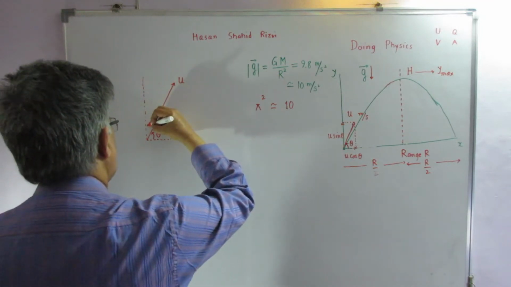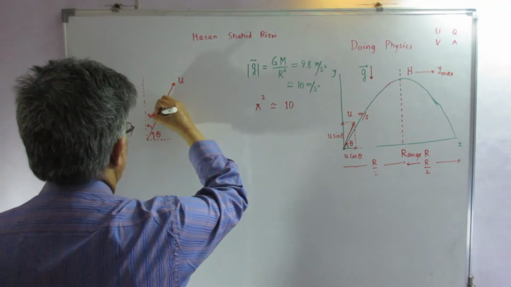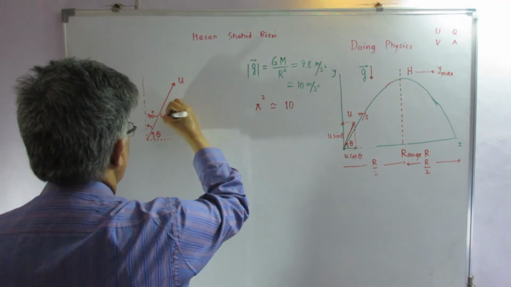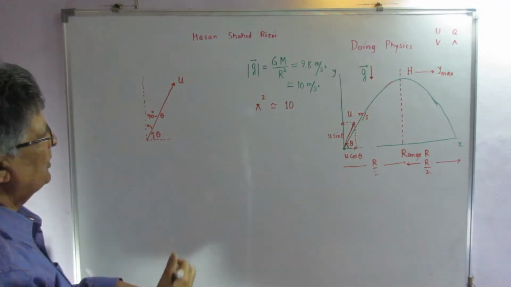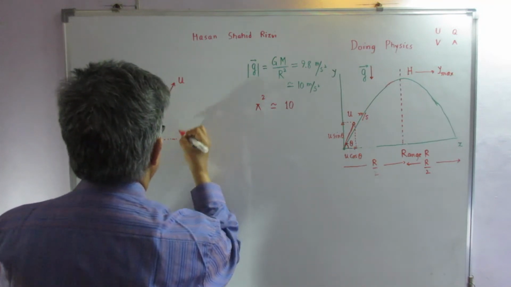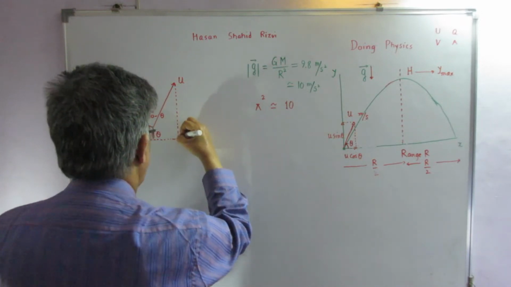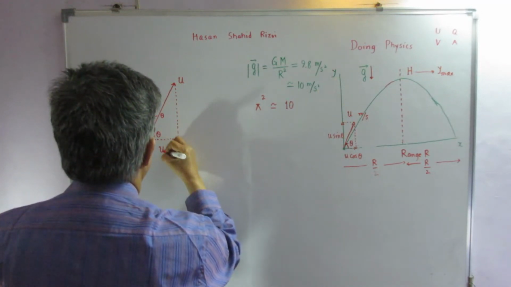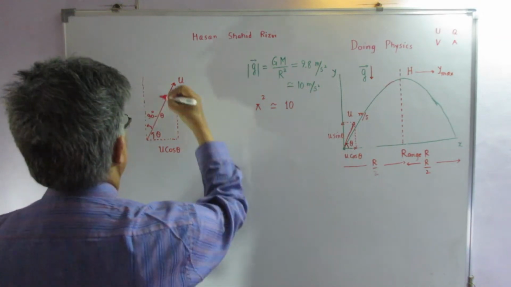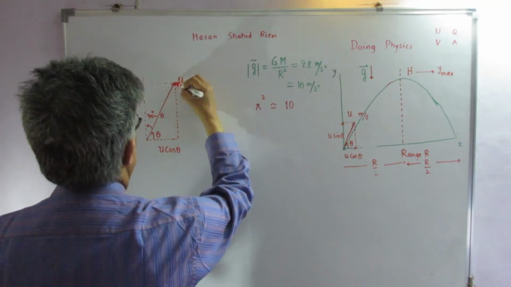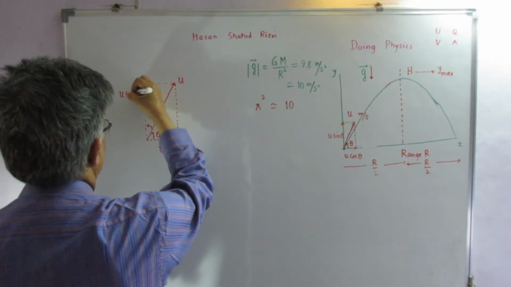So this angle here is 90 degrees minus theta. And I told you that this projection here is u cos theta, the horizontal velocity which we call, and this projection over here is u sine theta.